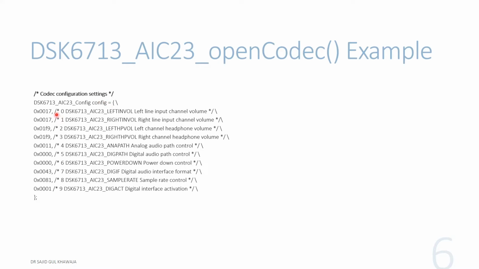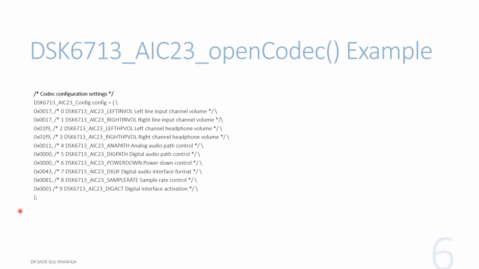Then here we have saved 10 values, and you can see that every value is mentioned in hexadecimal and every value is of 16 bits. For our ease, we can see that the first value corresponds to control register number 1, which deals with left input volume, second deals with right input volume, and so on. So these 10 values will directly correspond to the 10 control registers of our AIC23.